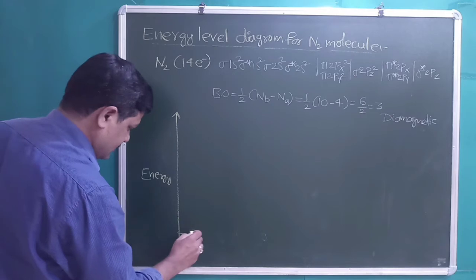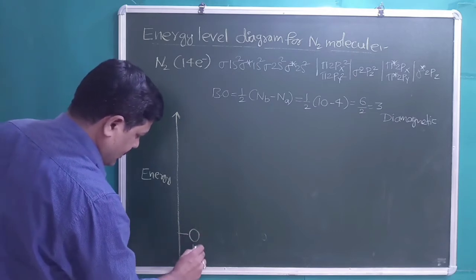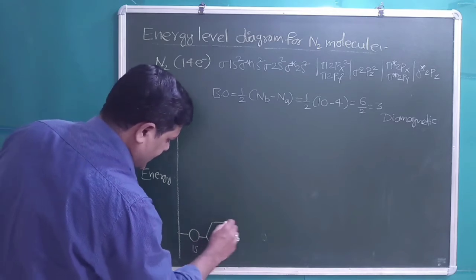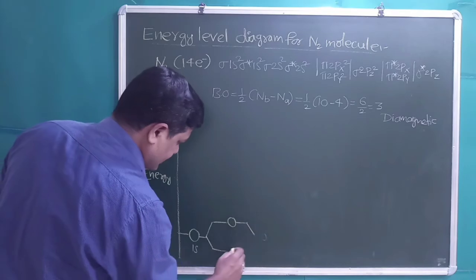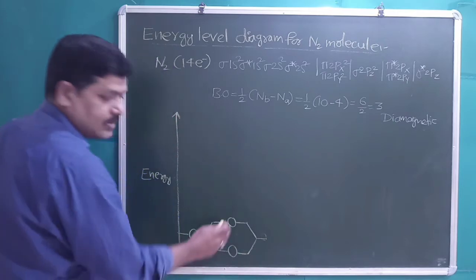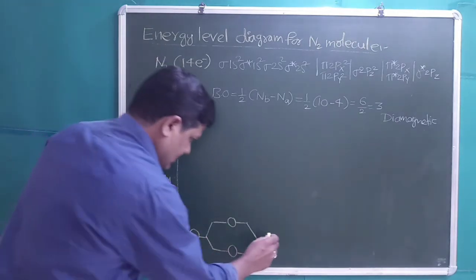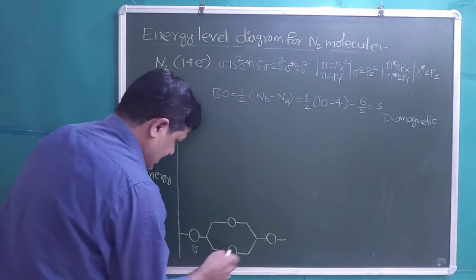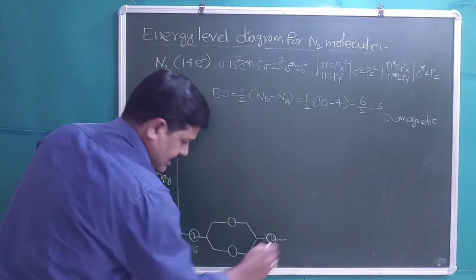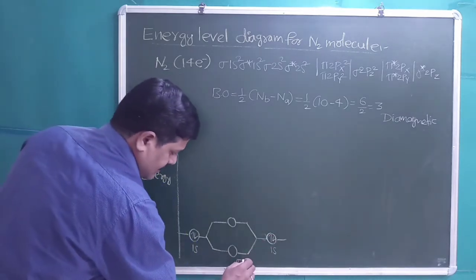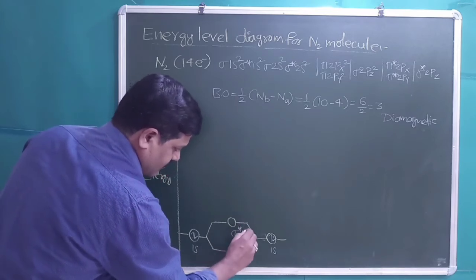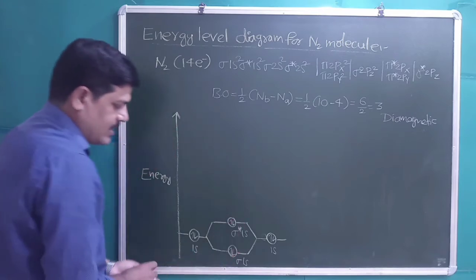The 1s orbital of one nitrogen atom will mix with the 1s orbital of the other nitrogen atom, which gives two molecular orbitals: sigma 1s with 2 electrons, and sigma star 1s, which also has 2 electrons.